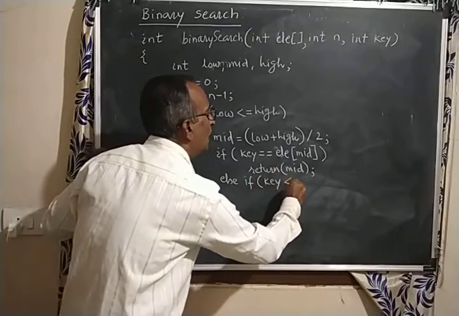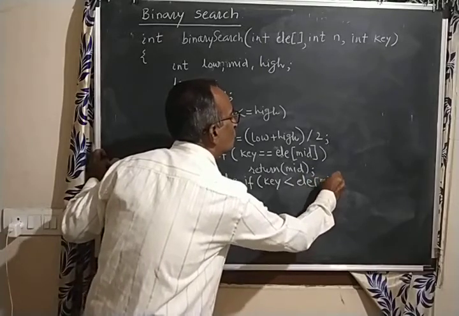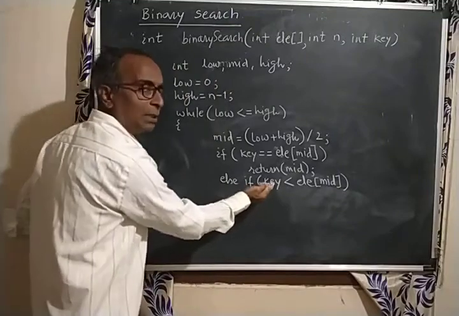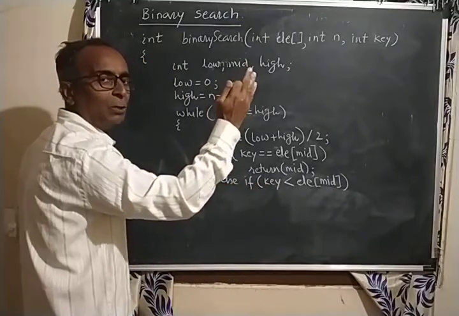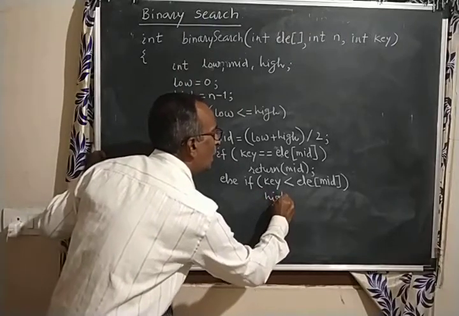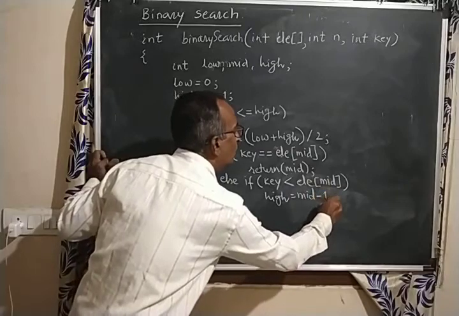Else if key is less than the element at mid. What is this condition for? The key to be searched is less than the mid element, so we have to change high. So what way are we doing it? High is given mid minus 1.